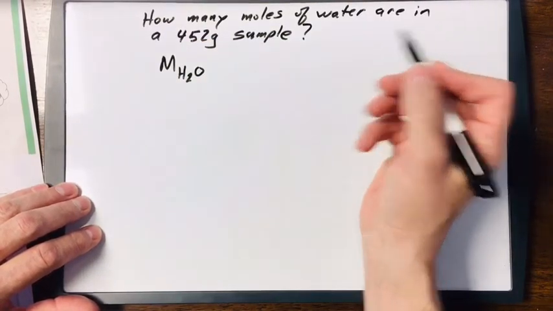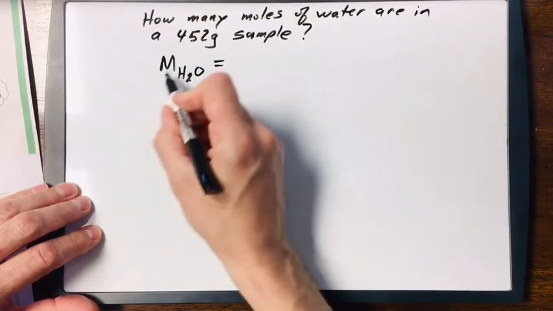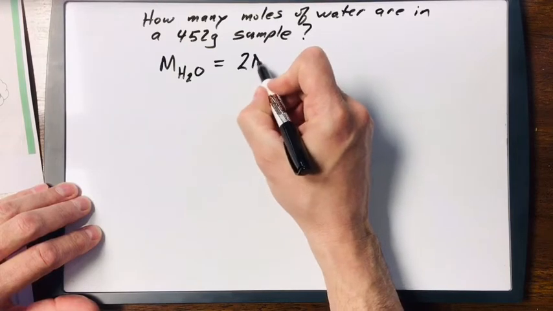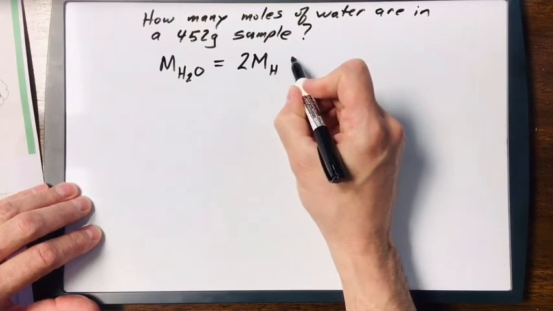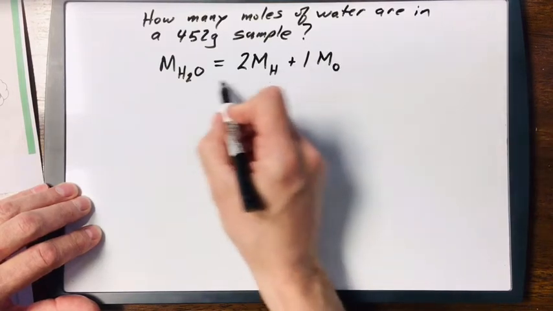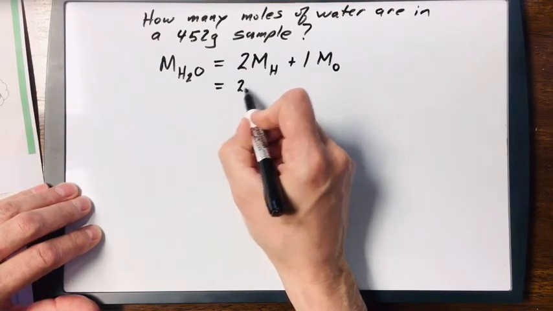Water is not an element, it's not found on the periodic table, so we're going to have to determine the molar mass through the individual masses of each atom. So we need 2 times the molar mass of hydrogen plus 1 times the molar mass of oxygen, which are the individual atoms that make up the compound.